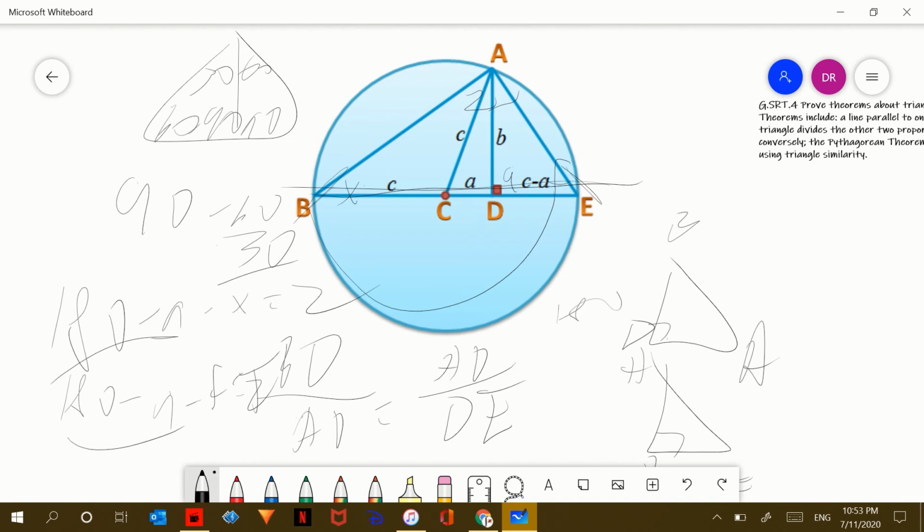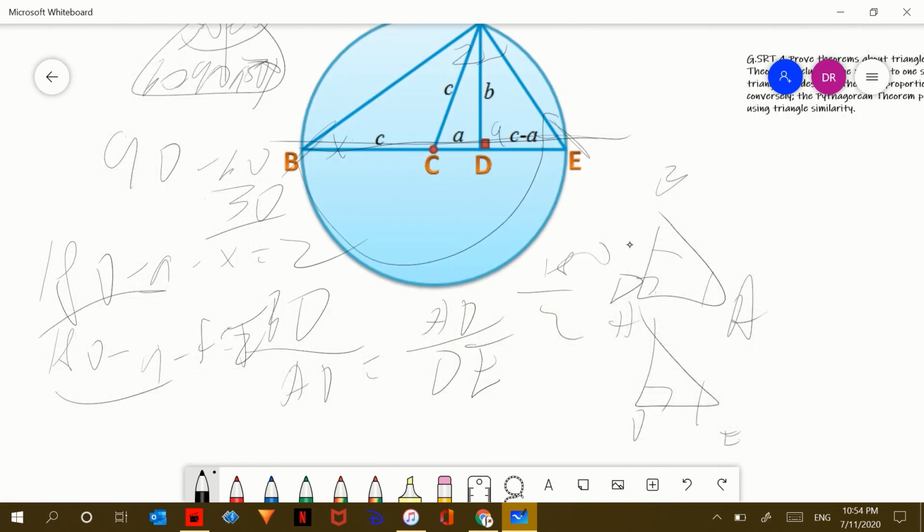So this would have to be 90, that would have to be 60, and this would have to be 30. So this is another way of proving that they're similar. So we know that they are similar, and it's BD to AD, and AD over DE.